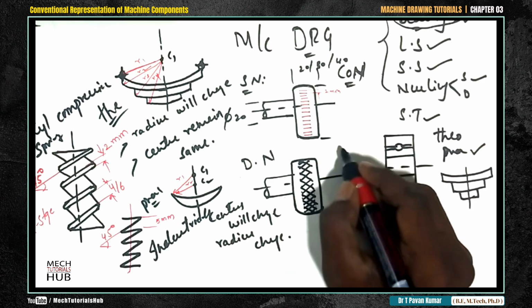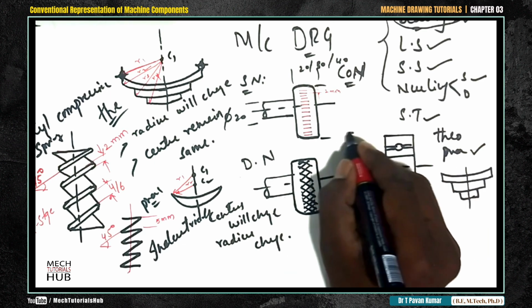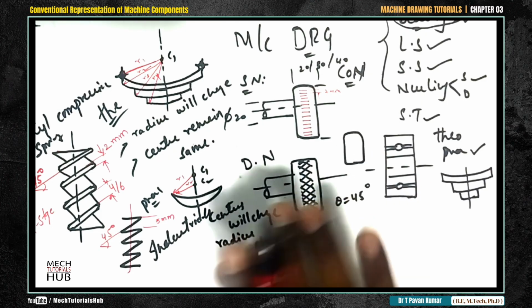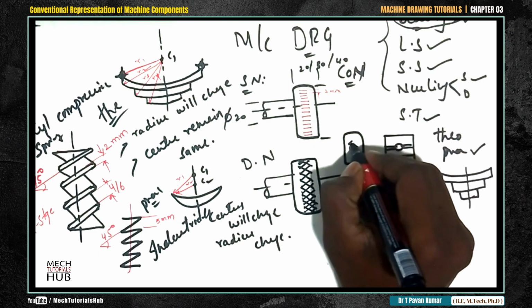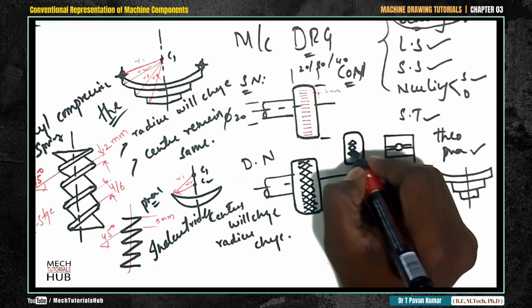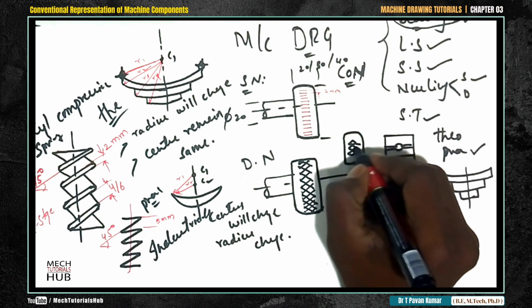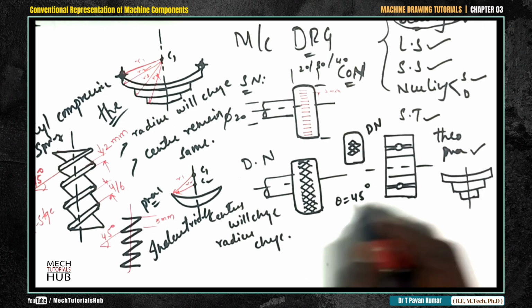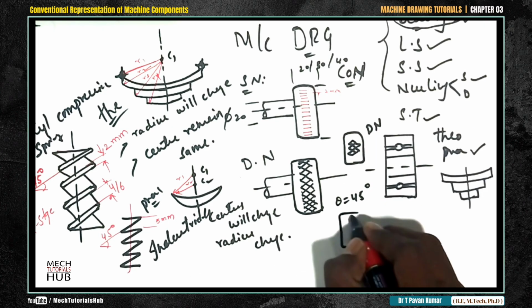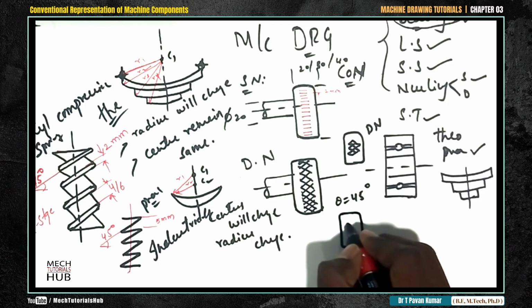Fine. Conventionally, if you want to represent, simply take a box, no need to use any of the drafter or scale. Simply draw those diamond shapes with your free hand. Draw the diamond shapes. These are enough to draw the diamond knurling. Similarly, in case of straight knurling also, simply draw the box, draw 1 2 3 4 or 5 lines.